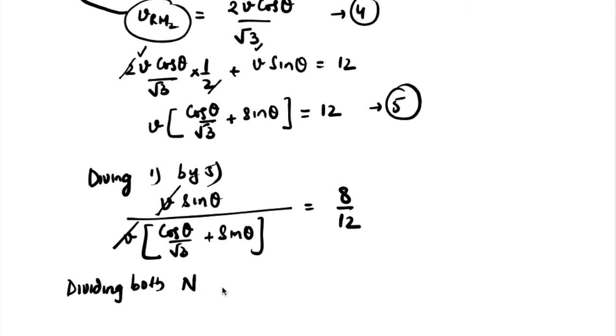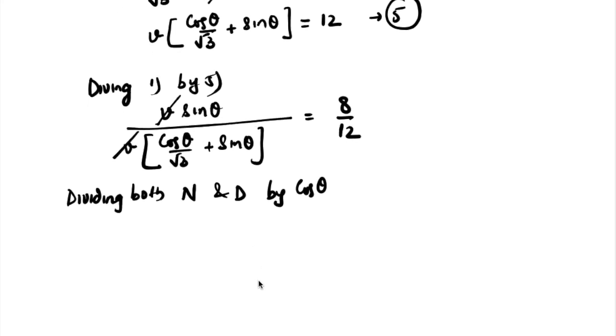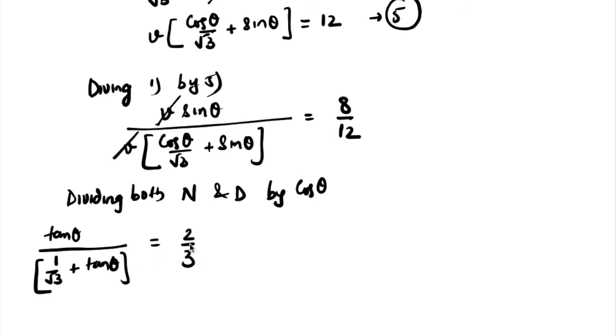numerator and denominator by cos theta, because usually the angle of a vector is given as a ratio tan theta. So that's the reason I divide numerator and denominator by cos theta, so that I can get tan theta over 1 over root 3 plus tan theta is equal to 2 by 3 on simplification.